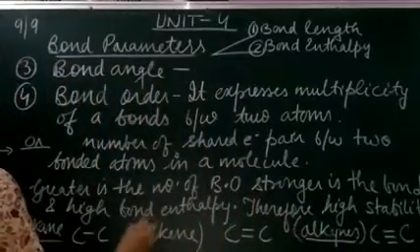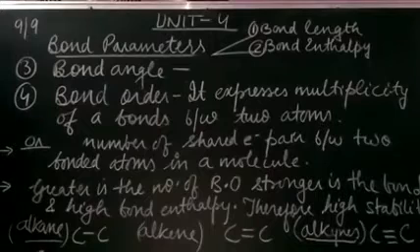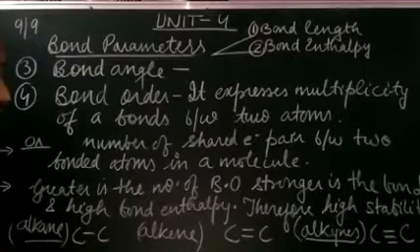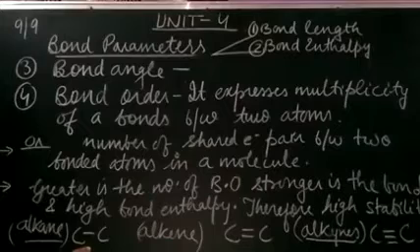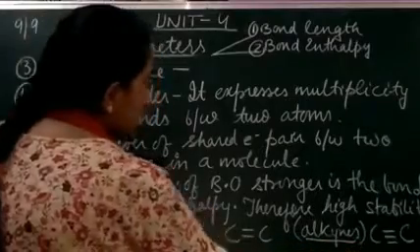These are hydrocarbons: alkane, alkene, and alkyne. Alkane is the saturated hydrocarbon, whereas alkene and alkyne are unsaturated hydrocarbons. Here we have a single bond, so the bond order here is 1, here the bond order is 2, and here the bond order is 3.